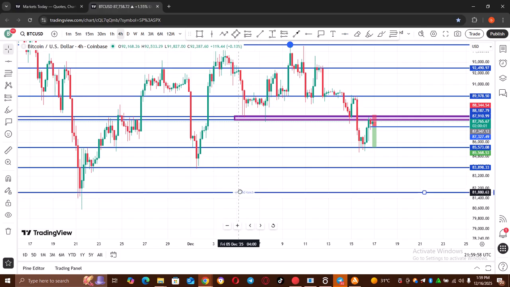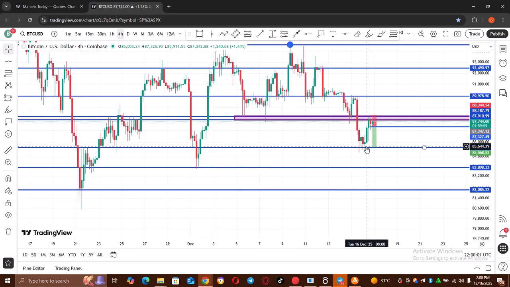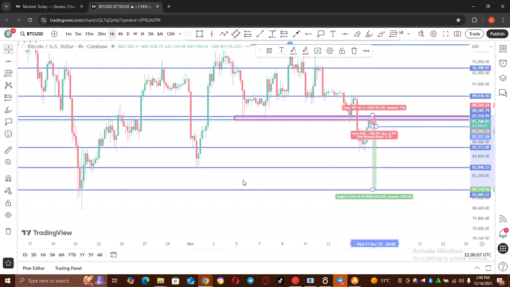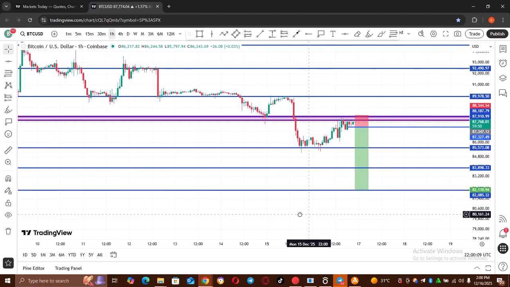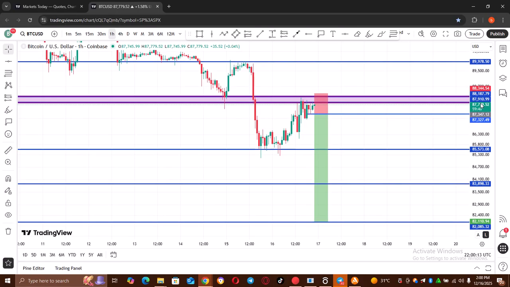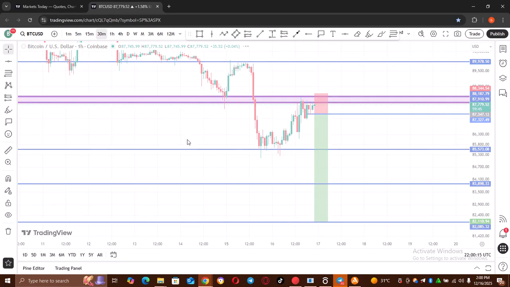Let me adjust this. Beautiful. So if you want to swing it, and we can swing it because everything is bearish from the weekly. That is BTC USD, currently looking for the entry on the 30 minutes.